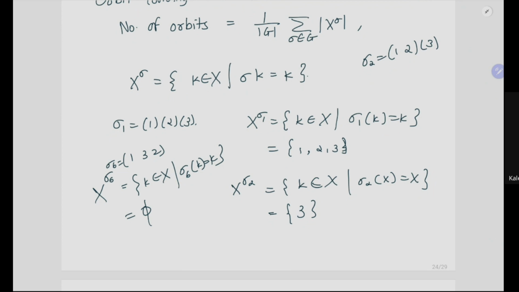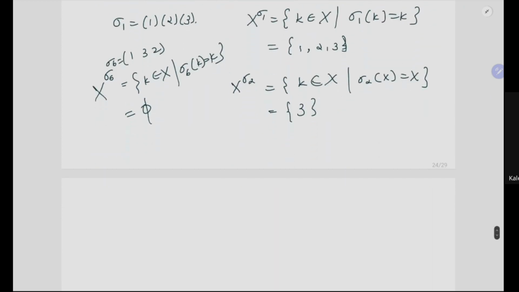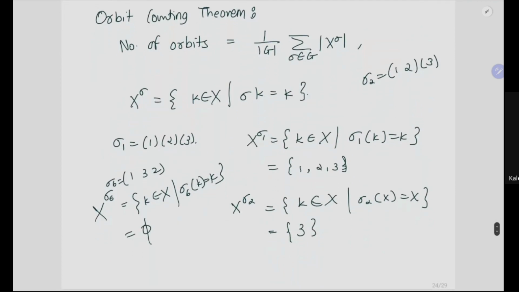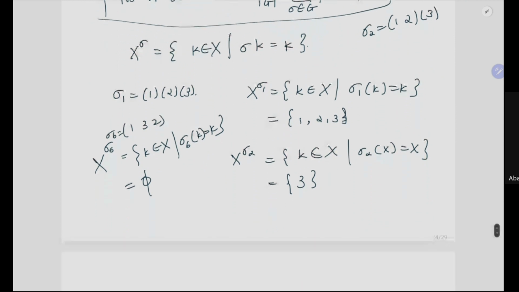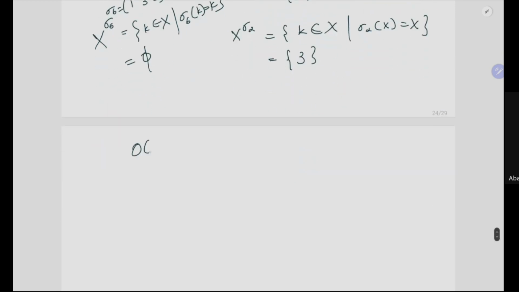Under the action, we are just looking at the elements which are not moving at all. What the orbit counting theorem says, as I said earlier, is that these orbits partition the set X. In our case the entire orbit was the same: orbit of 1 equals orbit of 2 equals orbit of 3.